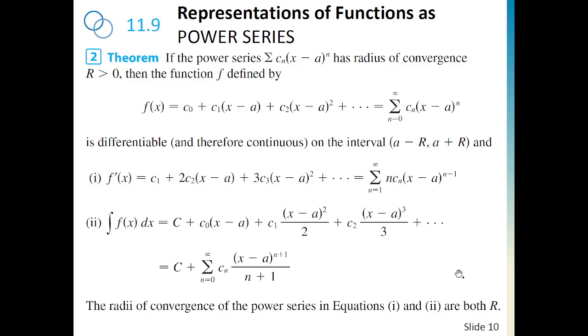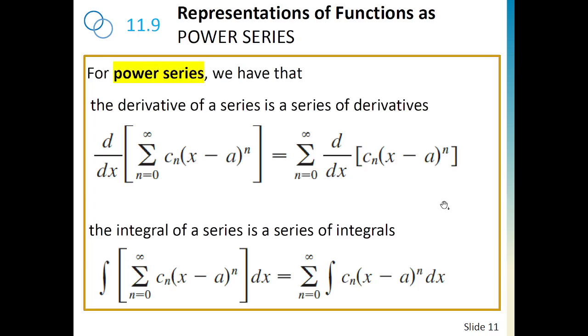As we said, the radius of convergence is the same for derivatives, any number of derivatives, and any number of integrals. The interval of convergence will be pretty much the same, except eventually one or the other of the endpoints, and we need to examine the situation at the endpoints. We will see several examples of that.